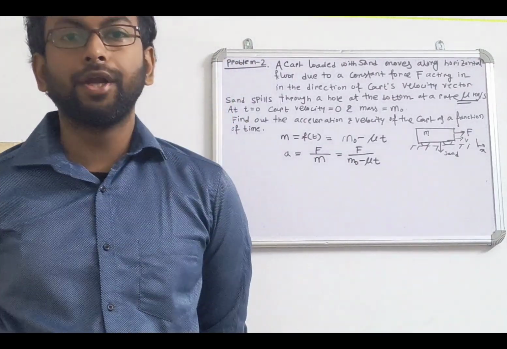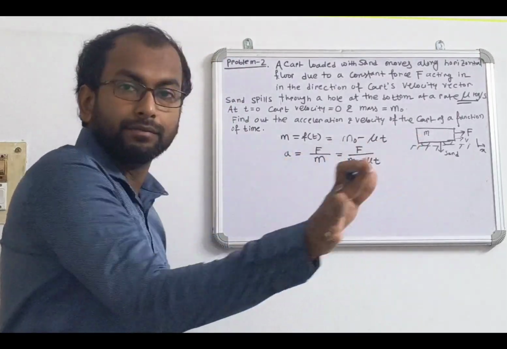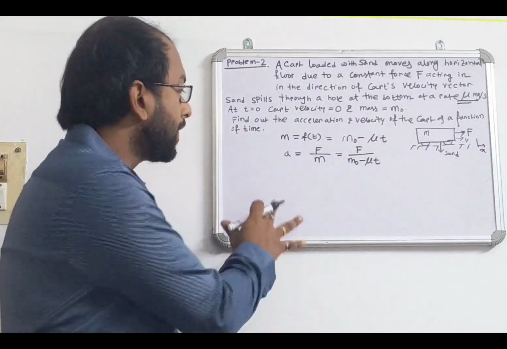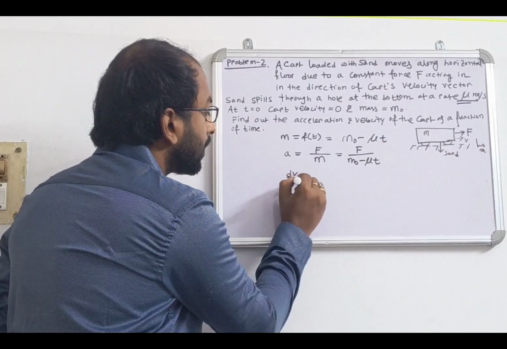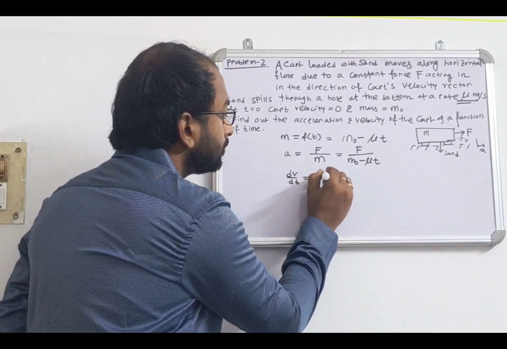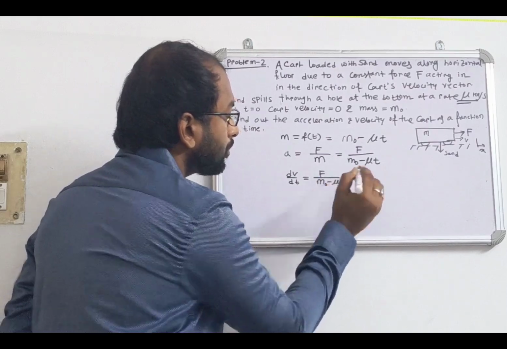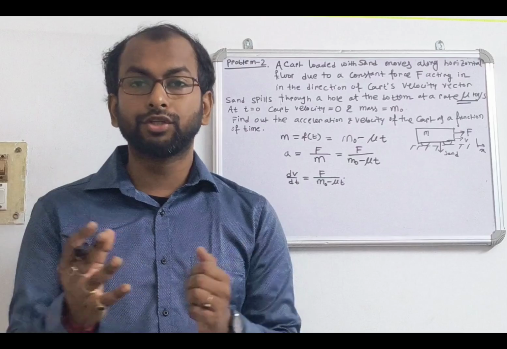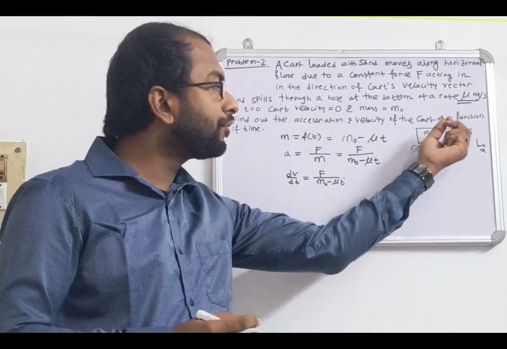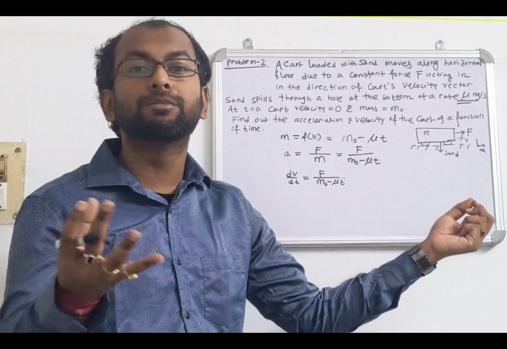Now if I have to find the velocity of the cart at any point of time, see, this acceleration is varying. At any point of time the acceleration is the rate of change of velocity, dv/dt, which we can write as F by m0 minus mu t. And the sand that is spilling out does not give rise to any thrust force, because the sand is falling downward with relative velocity 0 with respect to the cart.